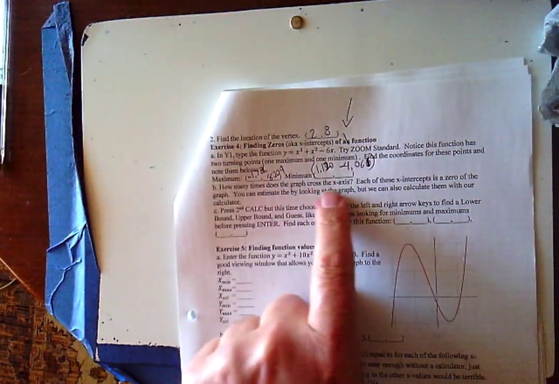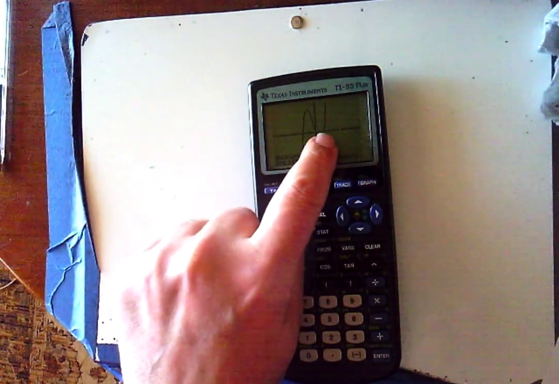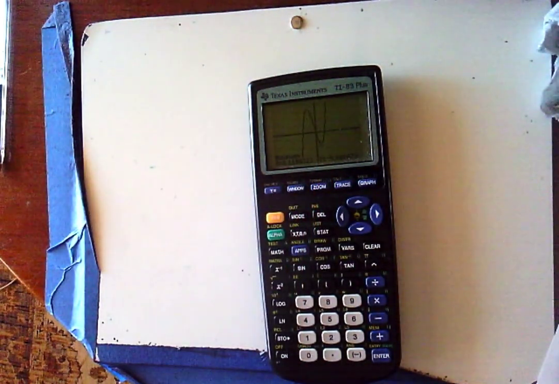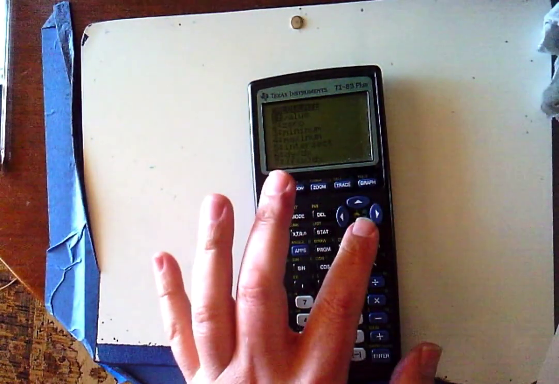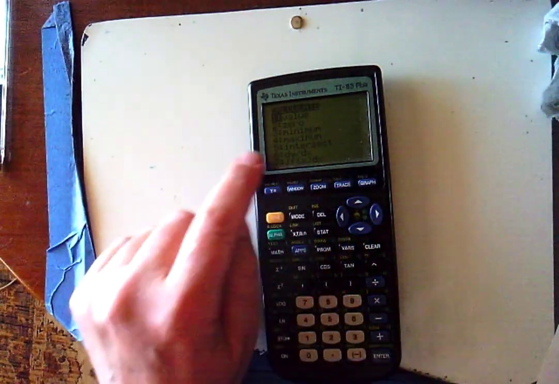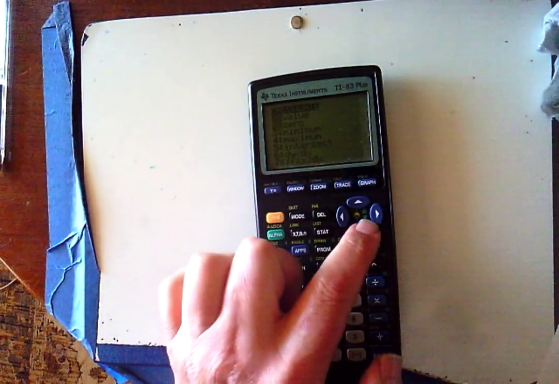How many times does the graph cross the x-axis? Each of these x-intercepts, 1, 2, 3, each of these x-intercepts is a 0 of the graph. You can estimate by looking at the graph, but we can also calculate them with our calculator. So how do we do this? Part C says press second, calculate, and this time choose 0.